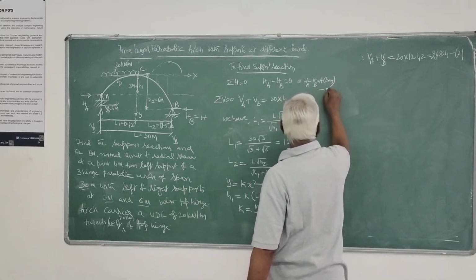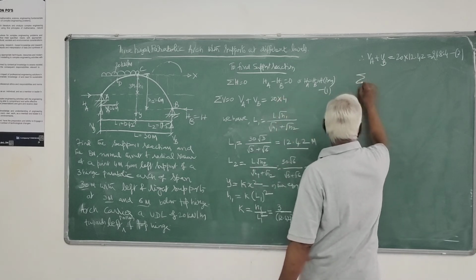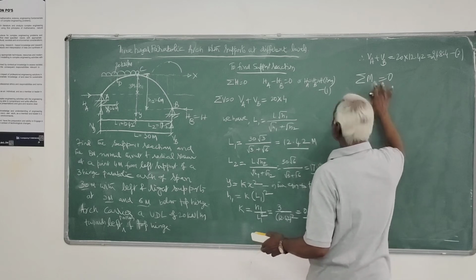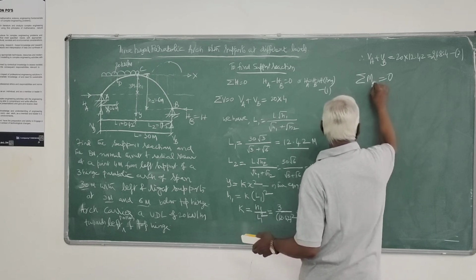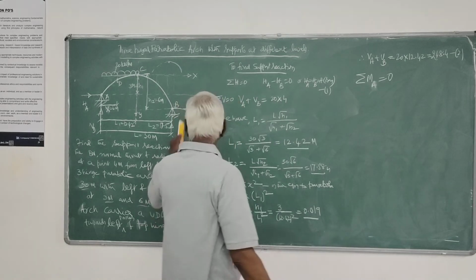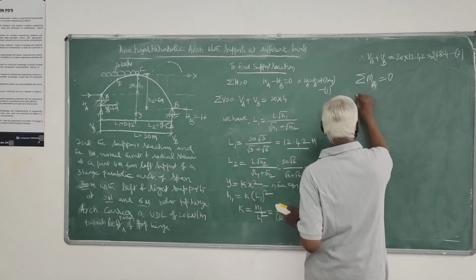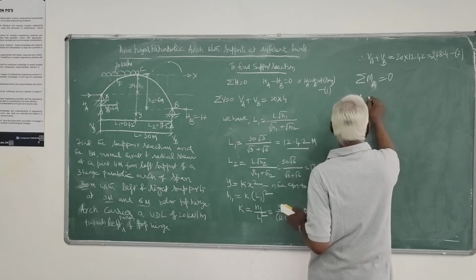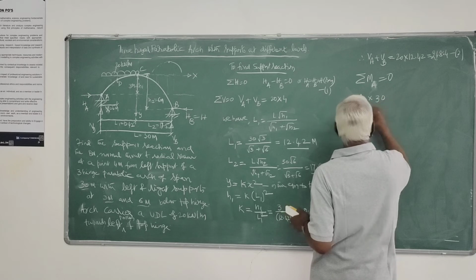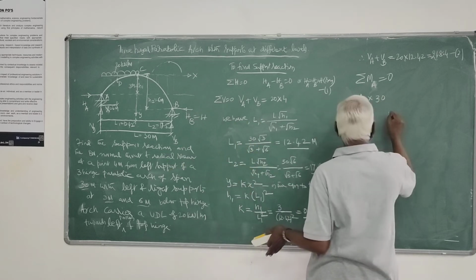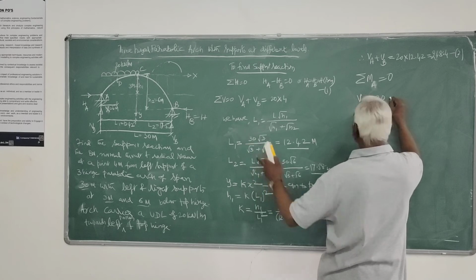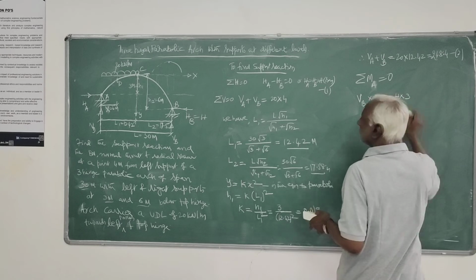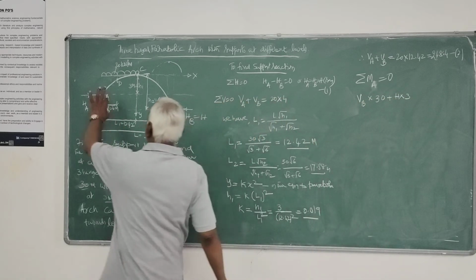This is the first equation. Then you can use sigma MA or MB. I will take sigma MA equals 0. You will get VB into 30, that is anticlockwise.